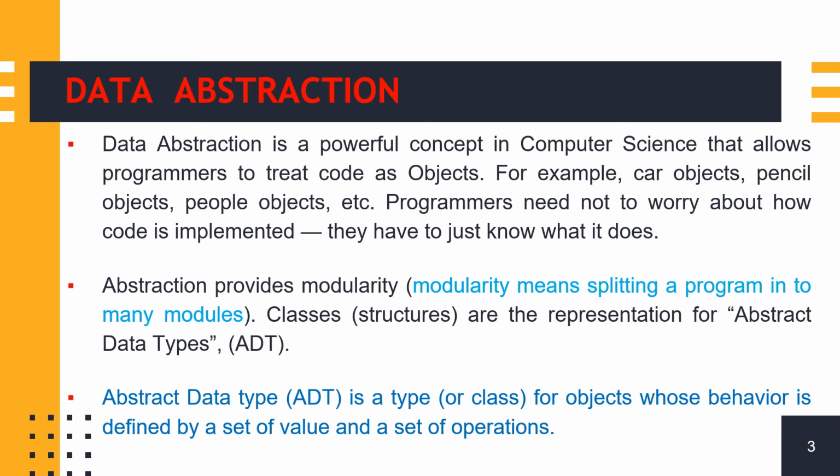Abstraction provides modularity. Modularity means splitting a program into many modules. Classes are structures, or the representation for an abstract data type, which is nothing but ADT. Abstract data type, ADT, is a type or class for objects whose behavior is defined by a set of values and a set of operations.